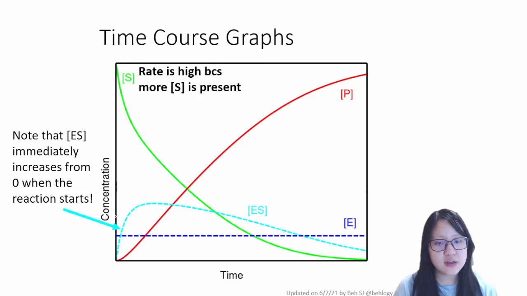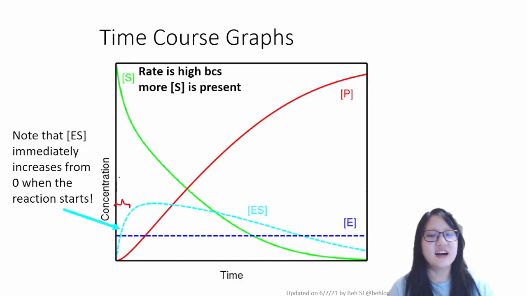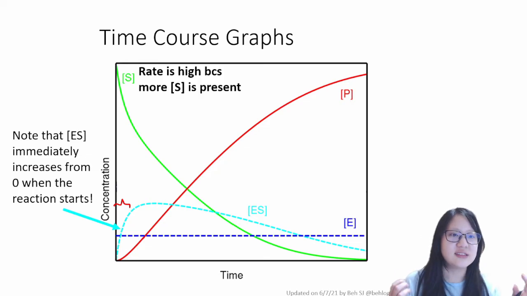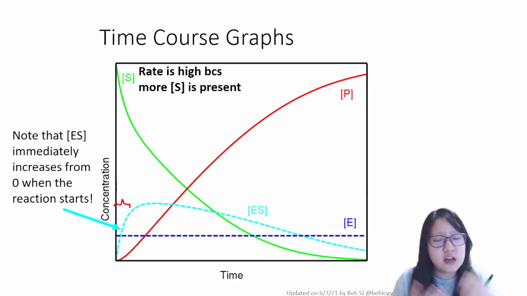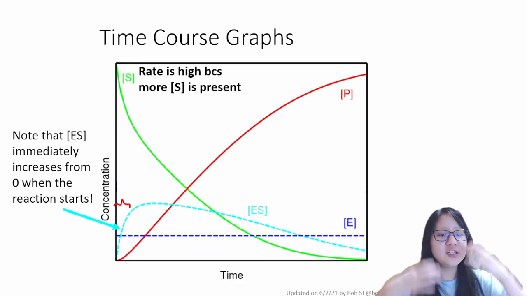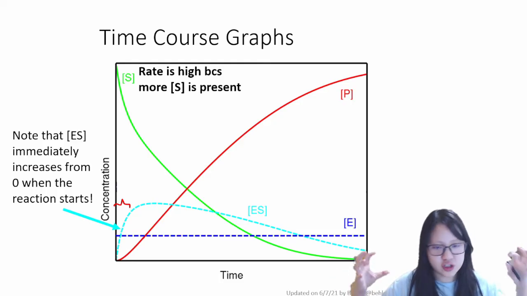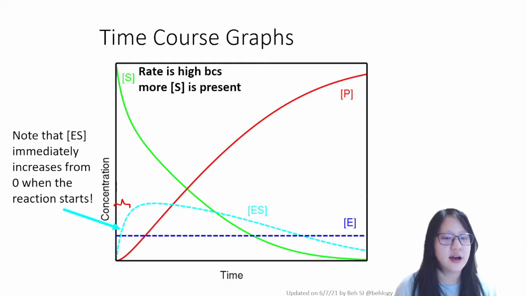Well, that's because in this very short period of time, there need to be collisions for enzymes and substrates to bind together. So it takes time for that to happen. It's not magic, okay? You don't put substrate and enzyme together and then it magnetically attracts to each other and the reaction starts, right?